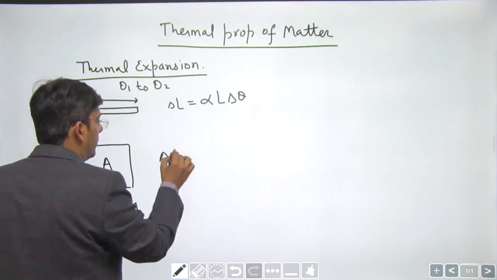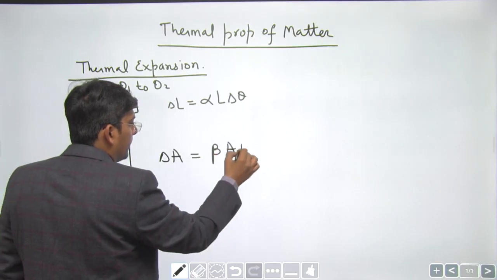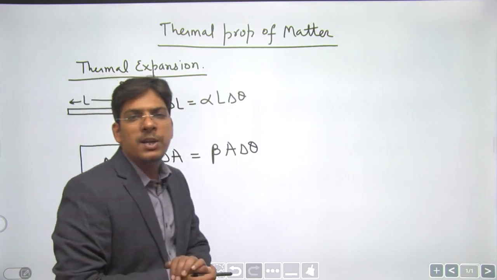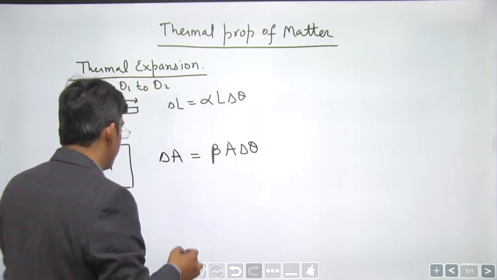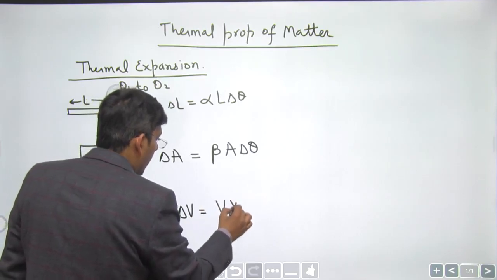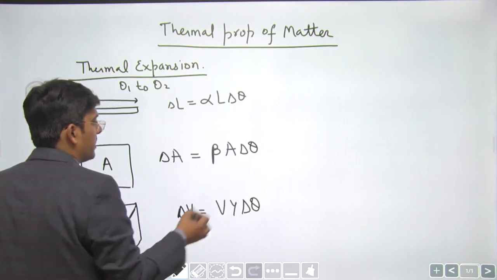Change in area for this plate is given by β A Δθ, β being the coefficient of areal expansion, superficial expansion, A being the initial area, Δθ being the change in temperature. And ΔV is equal to V γ Δθ: initial volume, coefficient of cubical expansion, change in temperature.